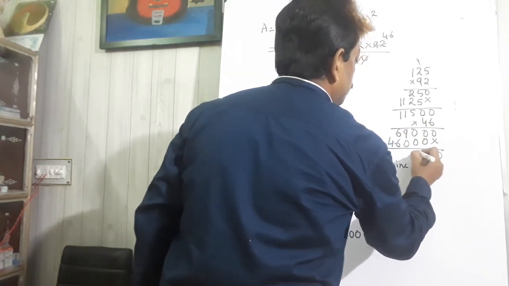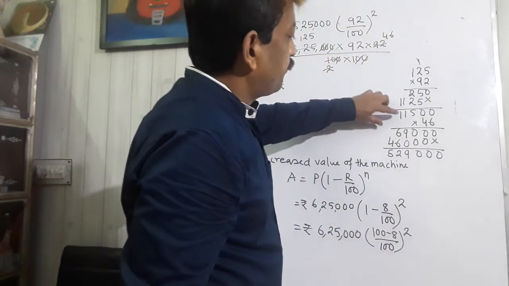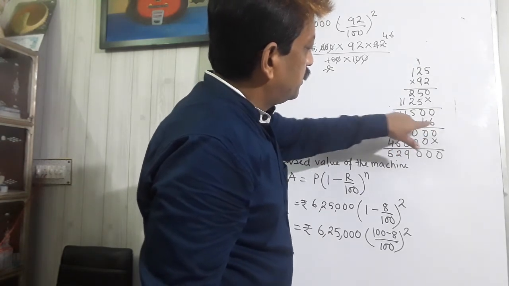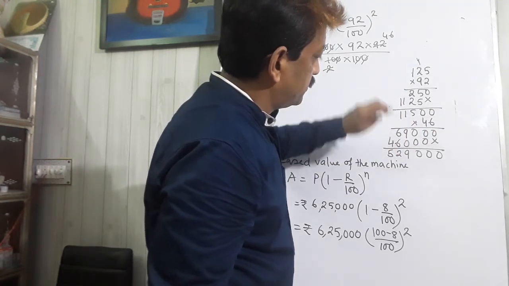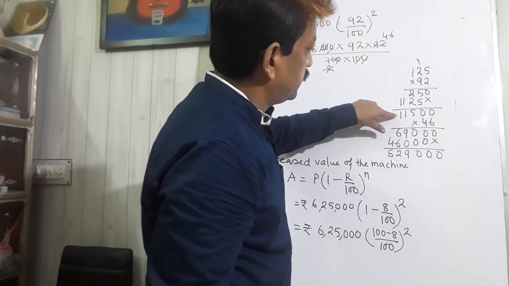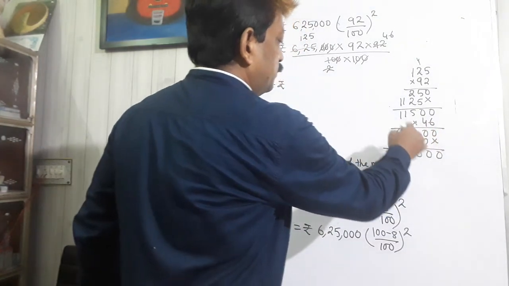Once more: 6 5s are 30, balance 3, 6 11s are 66 plus 3, 69. 4 5s are 20, balance 2, 4 11s are 44 plus 2, 46.